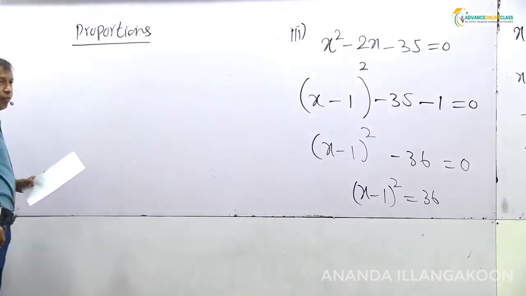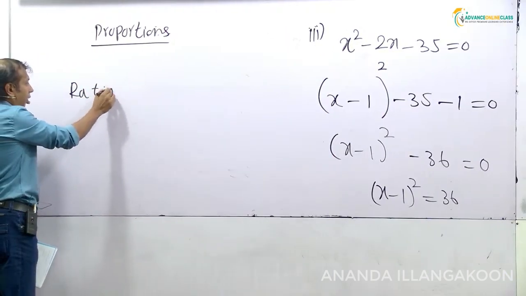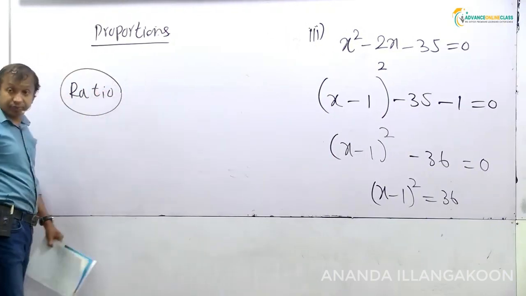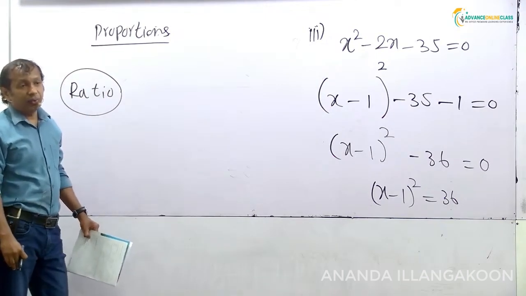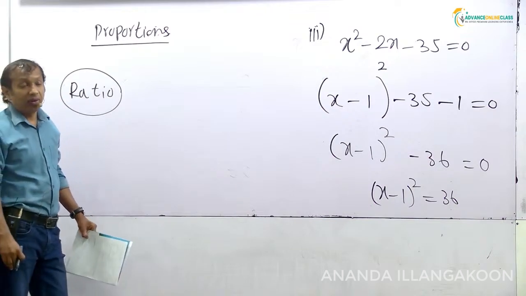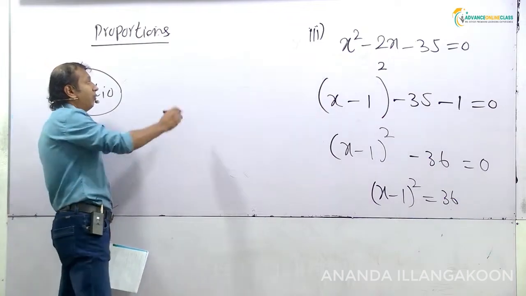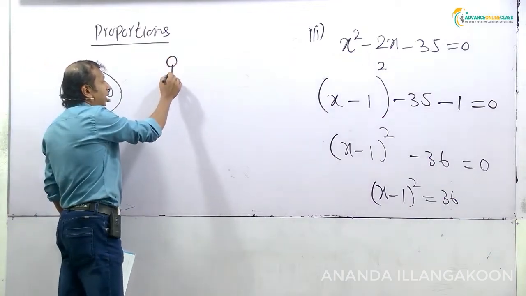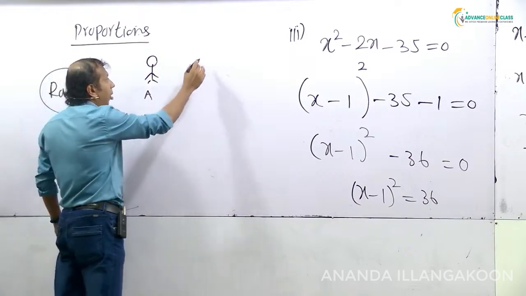First, people, let us see what a ratio is. How do we define a ratio? Suppose child A has 100 rupees.